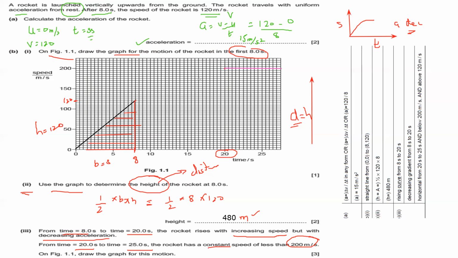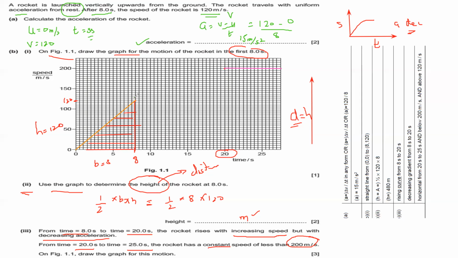So what about this section? How will I complete this section? In this section, I have to show that acceleration is decreasing. And how can I show acceleration is decreasing? First it was a constant gradient here, and then there's a decrease in acceleration.